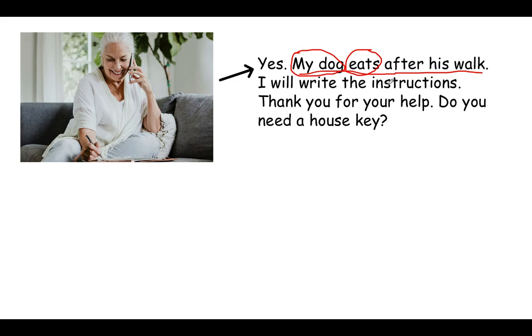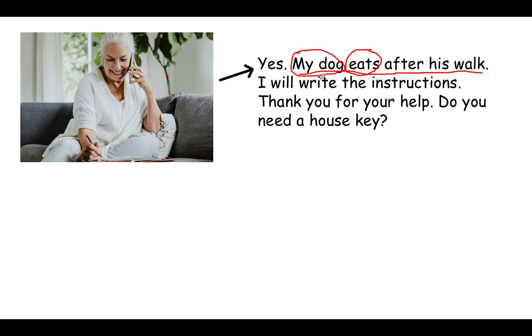So she's saying regularly, all the time, my dog eats after his walk. You would not say my dog is eating after his walk, because it wouldn't mean something that he does all the time. It just means something that is happening right now in the moment, or something that is going to happen in the future that we're planning on.